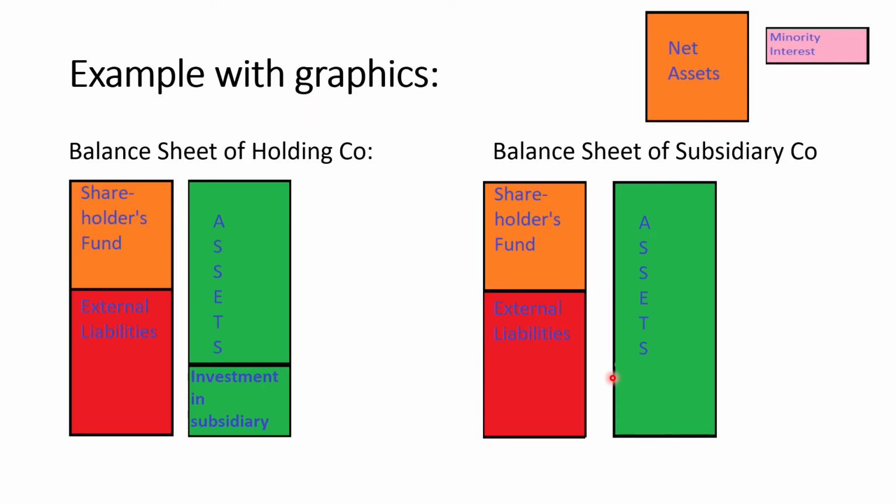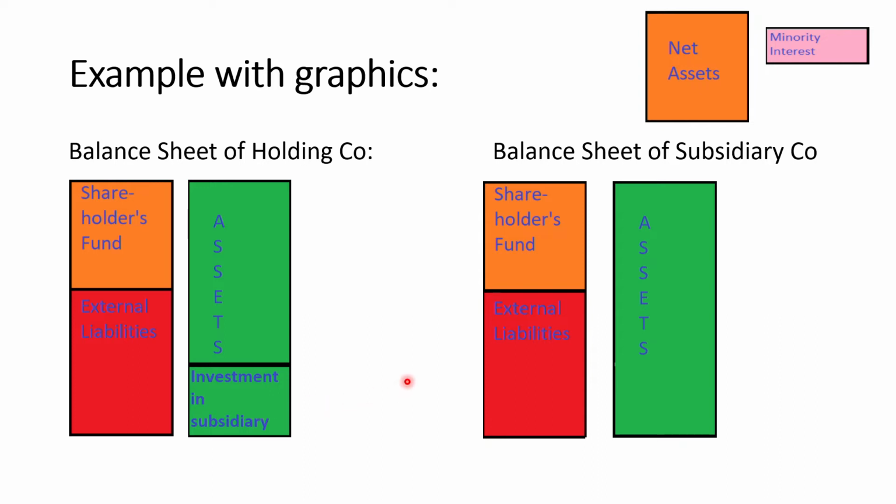I have given an example which I shall discuss with the help of the graphics. Suppose this is a balance sheet of holding company and this is the balance sheet of subsidiary company. Holding company has taken the shares of subsidiary company, so the shares in subsidiary company or the investment in subsidiary company is being shown in the asset side of the holding company.